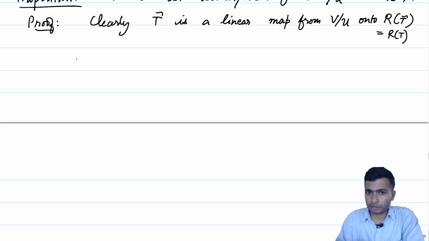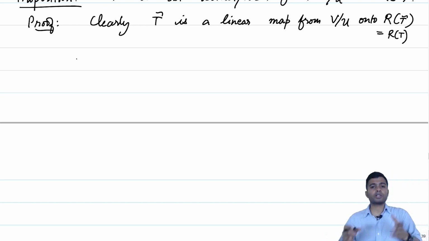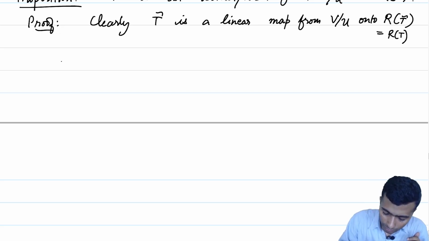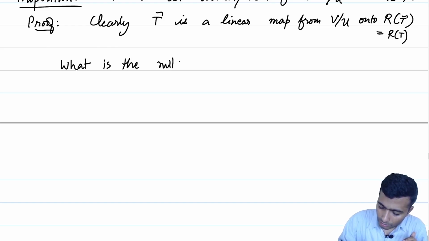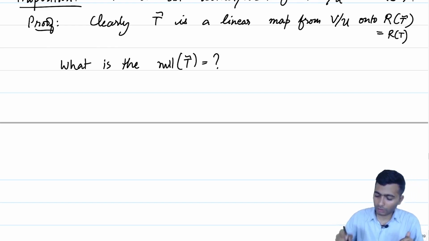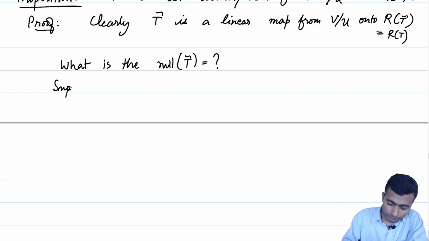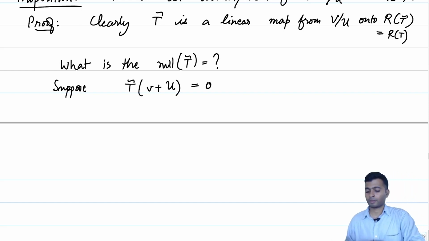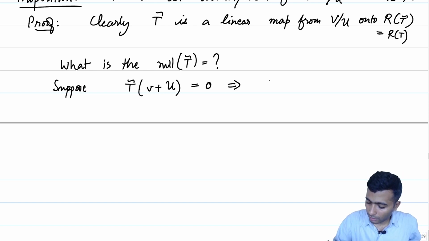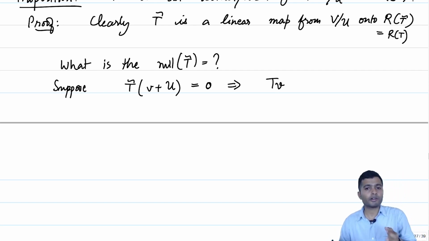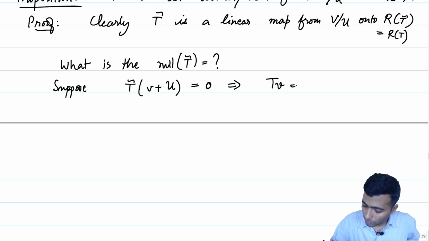To show that T tilde is injective, let me invoke a result we have proved earlier to show that the null space of T tilde is just the 0 space. So what is the null space of T tilde? Suppose T tilde of V plus U is equal to 0. This implies that TV, by the very definition, T tilde of V plus U is TV. TV is equal to 0.